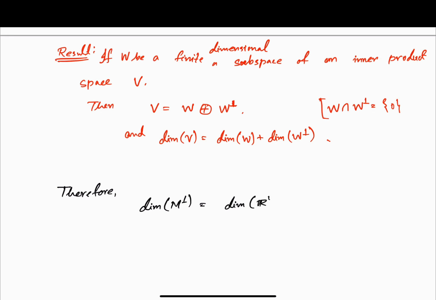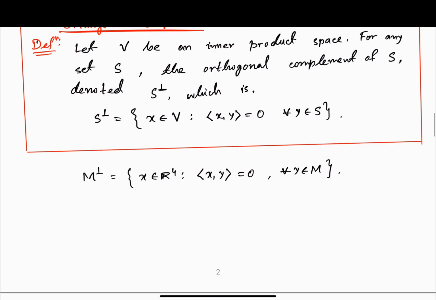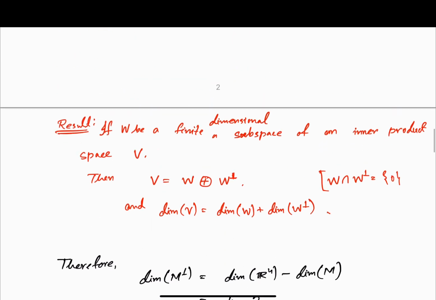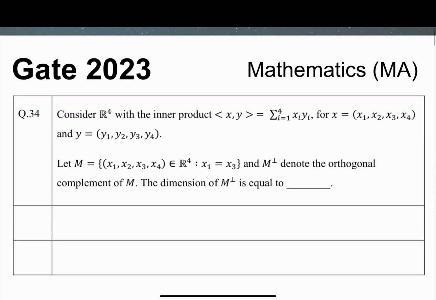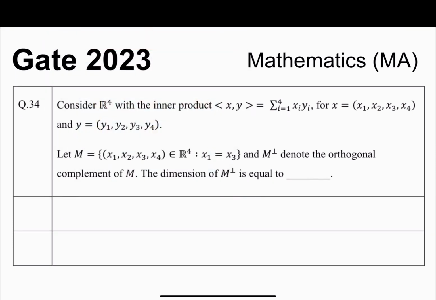The dimension of R4 is 4, and the dimension of M we have found to be 3. So we get that the dimension of M perp is 1. Therefore the dimension of M perp is equal to 1.